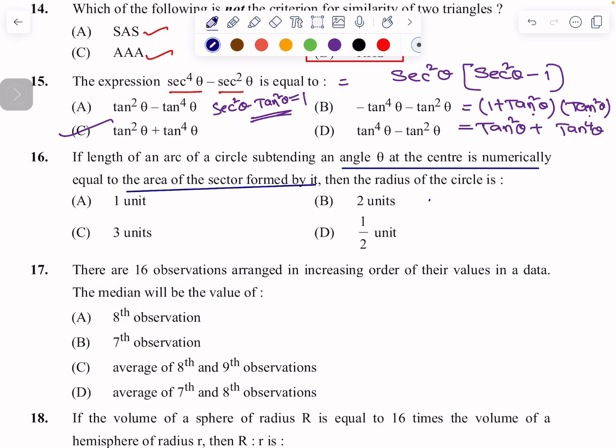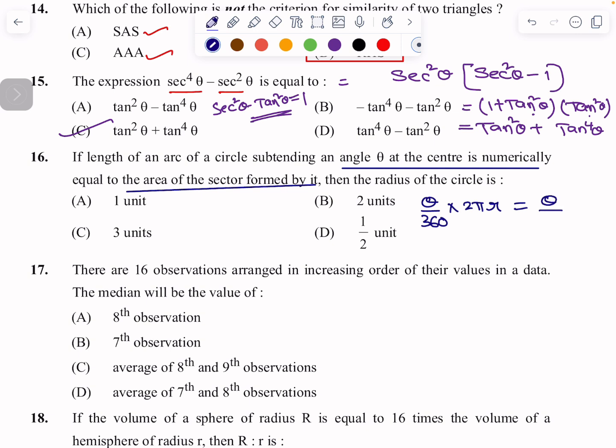What is the formula? Yeah, very good. So theta by 360 into 2 pi r, and this is the formula to find the length of an arc, which is numerically equal to the area of the sector with angle theta.